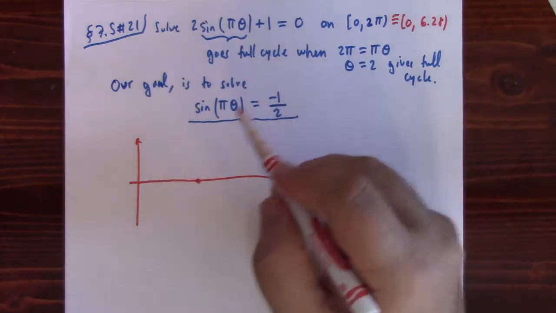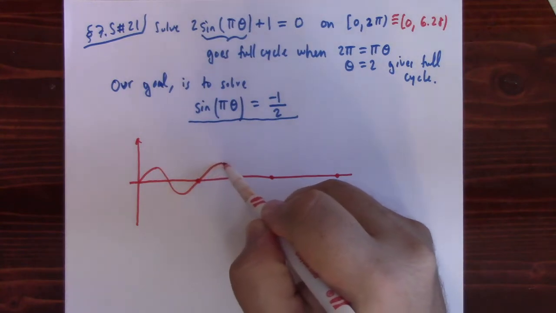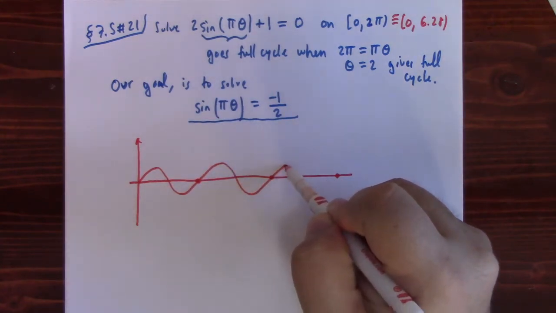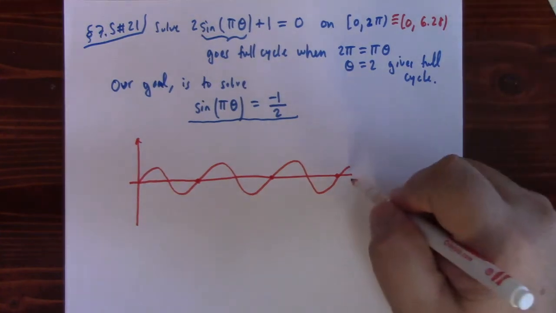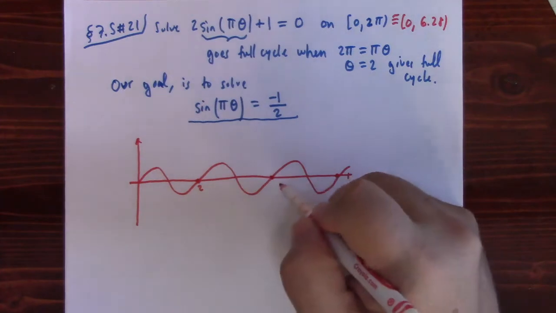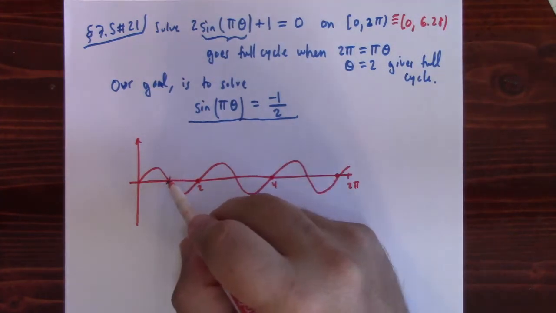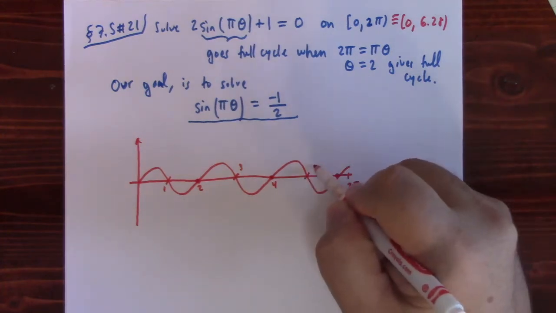And so sine looks like what? It looks like this. So that's roughly speaking the 2 pi. Again, 2, 4. That makes this 1, 3, 5.